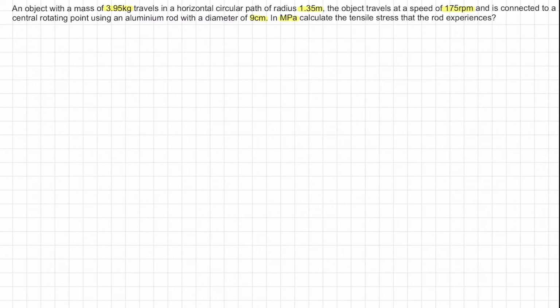The megapascals, as that's what we need to convert it to from pascals when we finish at the end. And I'd also highlight that it's travelling in a horizontal circular path and at a central rotating point.